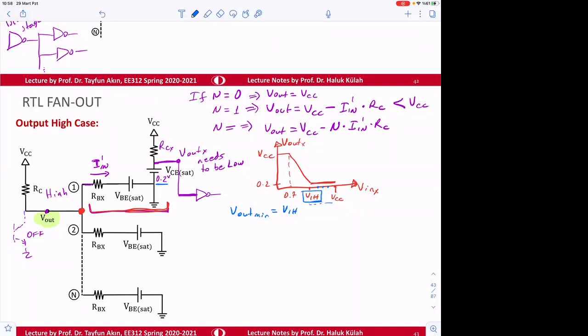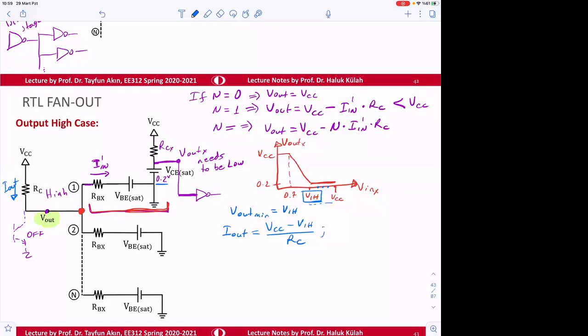If that's the case, then we can find here I out. For that minimum, what is I out? VCC minus V input high divided by RC. So that's I out.